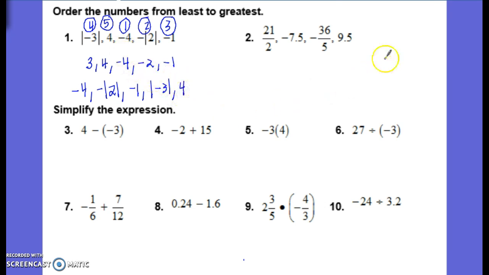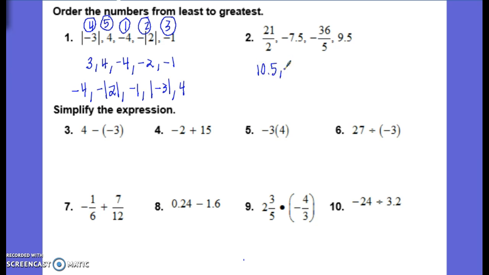Okay. Number 2 is asking the same thing, but we want to change them all into the same format so we can compare them. I think it's easiest to change it into decimal form. Here is 21 over 2, 21 halves. Basically, if you divide 21 divided by 2, you're going to get 10.5. Okay, so this here is 10.5.